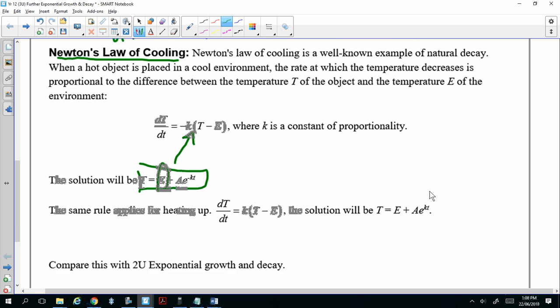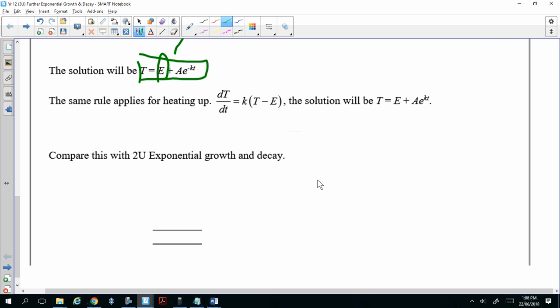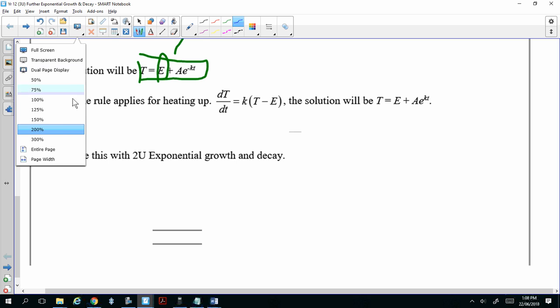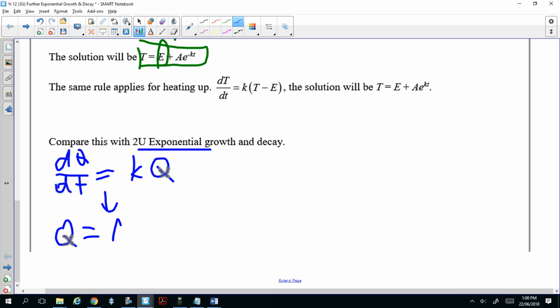Okay, we're going to compare this with 2-unit exponential growth and decay. So let's look at it briefly. With the 2-unit exponential growth and decay, dQ/dt is equal to kQ, isn't it? And the solution to that is Q equals A e to the power kt. This is 2-unit.